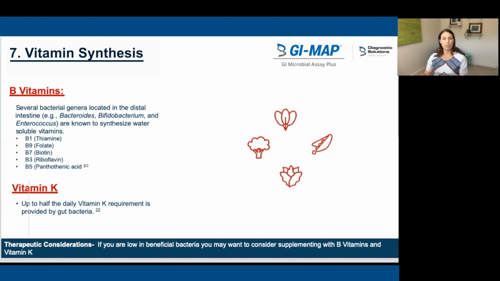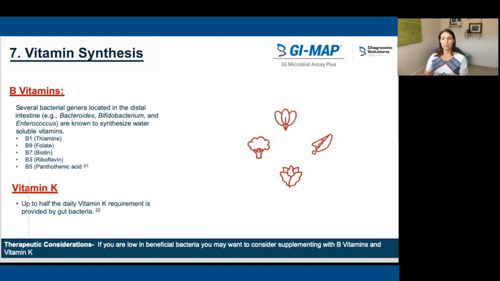It has also been established that up to half your daily vitamin K requirement is made by your gut bacteria. So a therapeutic consideration is that if you or your patient have low beneficial bacteria, it may warrant vitamin B and vitamin K supplementation, especially if they're experiencing low energy.